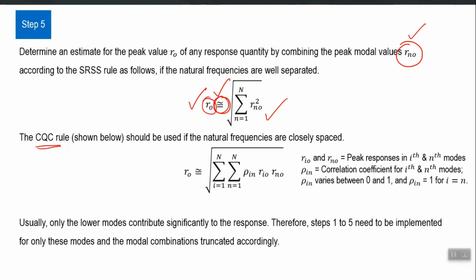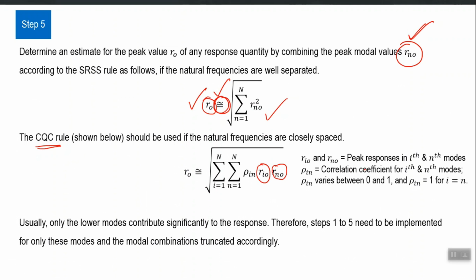In SRSS, what we are doing is considering each response, each R_no, independent of the other, right. So, there is no correlation between different modes being accounted for here. But in the expression for the CQC method, R_io is the response coming from the ith mode, and R_no is the response coming from the nth mode.